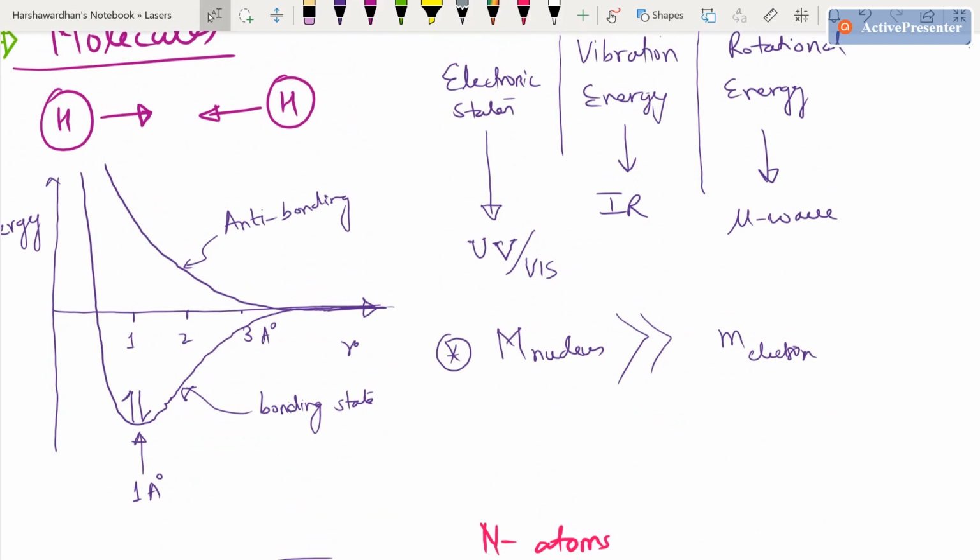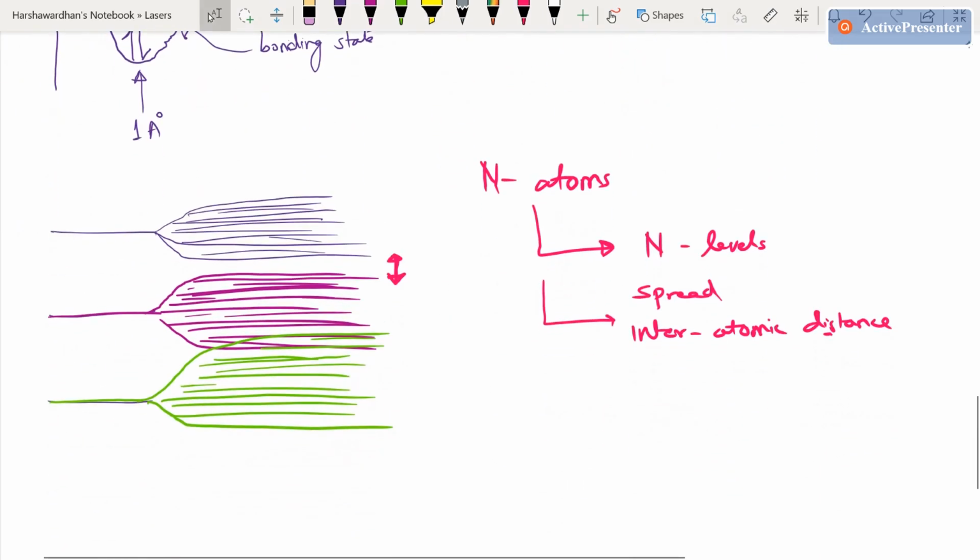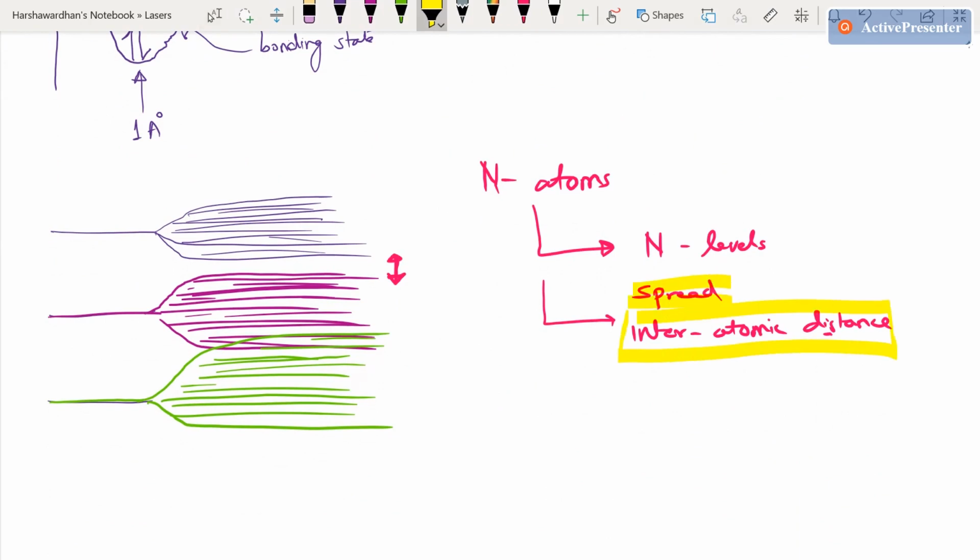Clearly, as you vary the interatomic distance, you see that the splitting in the bonding and the antibonding state depends on where exactly you are placed. So that is precisely what I am conveying here: the spread in the energy levels basically depends on the interatomic distance in such a periodic arrangement of n atoms.